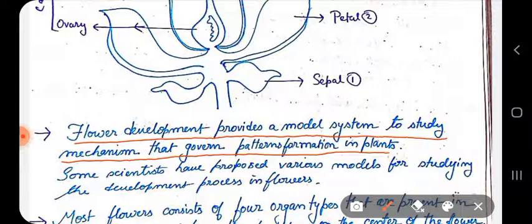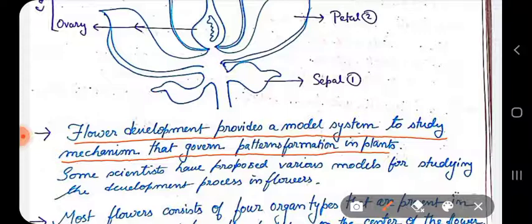Based on the genes responsible for flower development, we can study them as a model system to see what factors influence the genes to form that flower, and how the flower is formed, because so many structures are present within the flower: the sepals, the petals, the ovary. Which comes first, the sepals or the ovary?